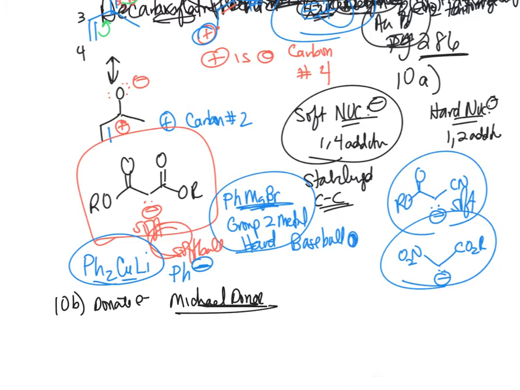So the nucleophile is the donor. The electrophile would act as the Michael acceptor. 11. Label the starting materials in the reaction shown below as either a Michael donor or a Michael acceptor.